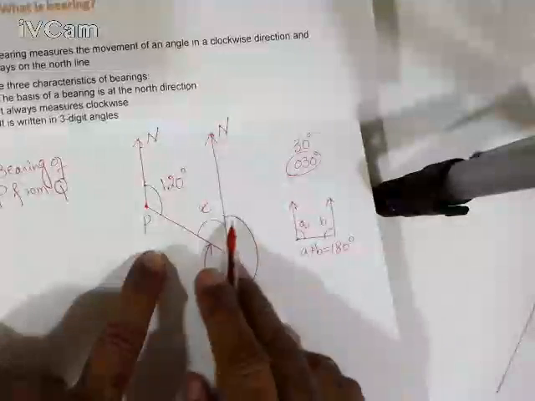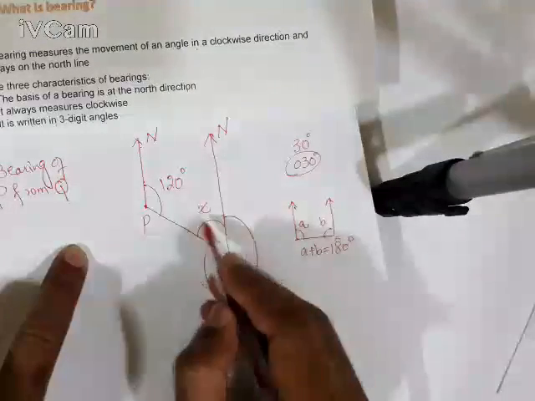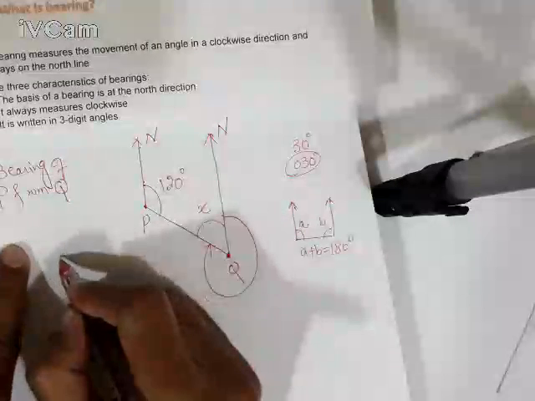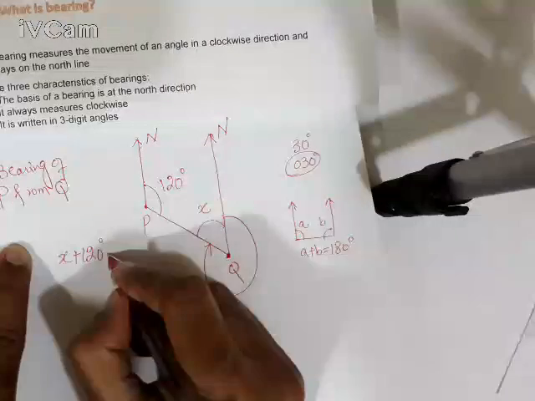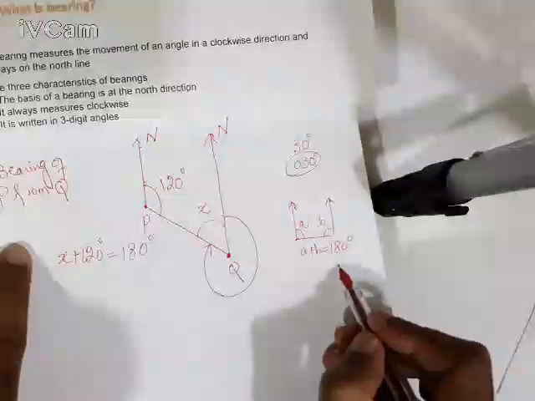Now how will you calculate this x? We know that these two lines are parallel and their interior angles sum to 180 degrees. So we write x plus 120 degrees is equal to 180 degrees. We are applying this property.